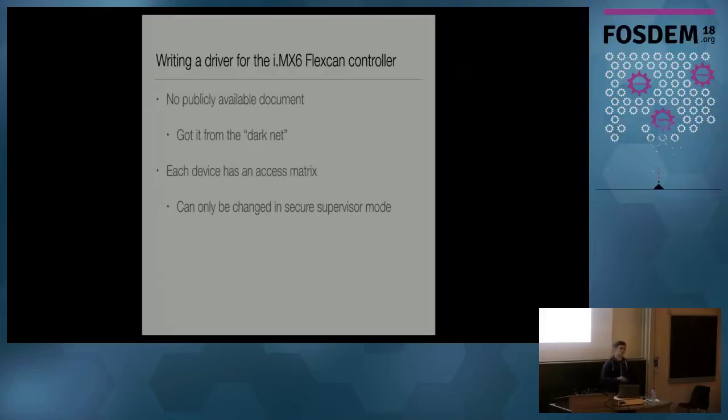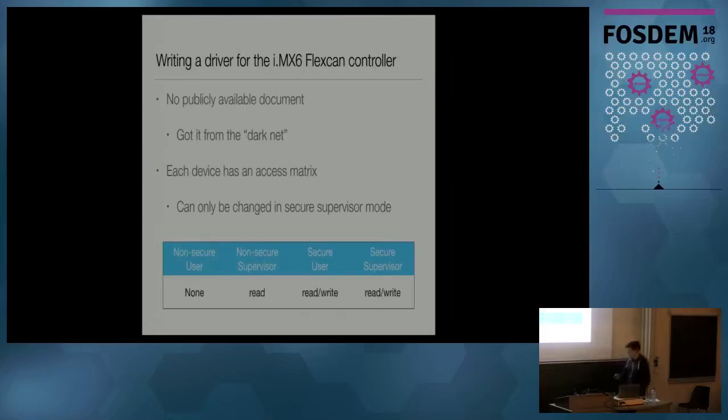So for all of you not really familiar with the ARM architecture, there is the technology called ARM TrustZone, which again divides the processor into a secure and a non-secure mode or world. And the secure supervisor mode is the most privileged mode, if you want to say so, in the system. And only this mode is allowed to change bits in this access matrix for the devices.